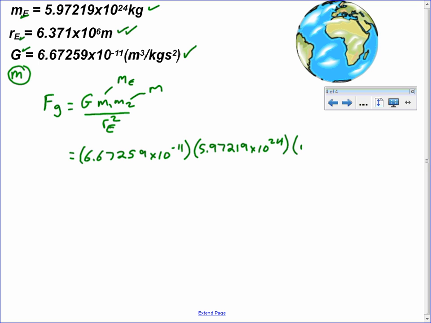And we're leaving the other mass as m. Divide that by the radius of Earth, not big G, 6.371 times 10 to the power of 6, squared.